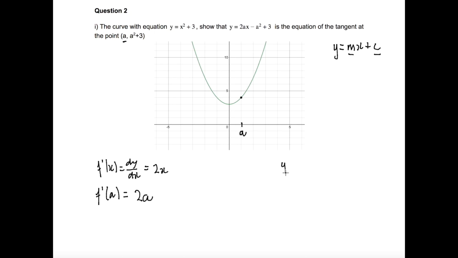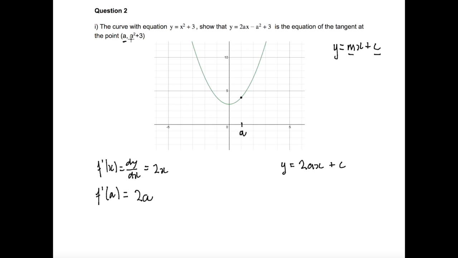So with the equation of our tangent, so far we know that it's equal to 2ax plus some c value that we're not quite sure on yet. What can we do from here? Well, to find this c value, we need to know a point on the graph.